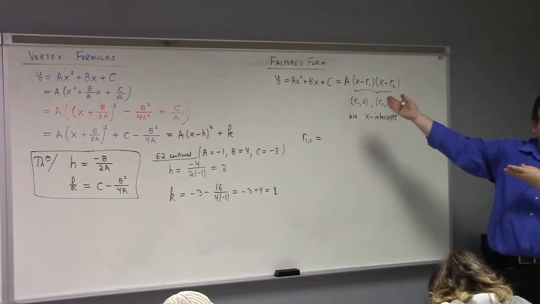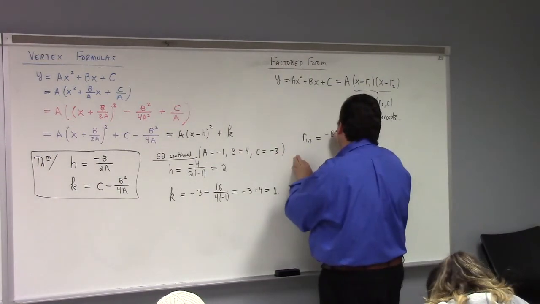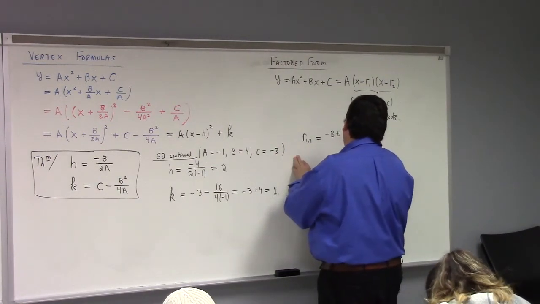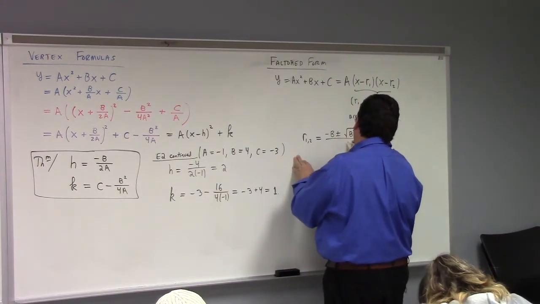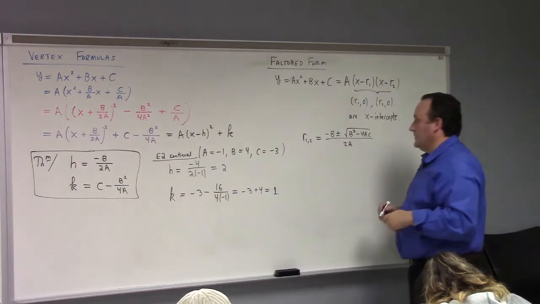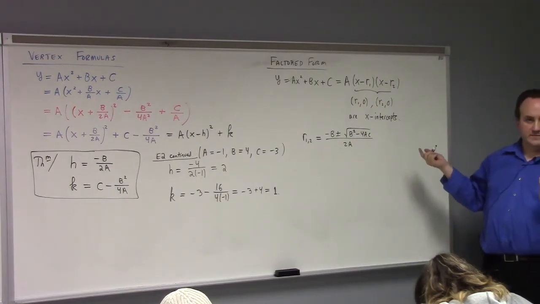Its solution is given by the quadratic formula, right? So r1 and r2 are exactly what you get from minus b plus or minus the square root of b squared minus 4ac, divided by 2a. So we know that r1 and r2 are given by this formula.